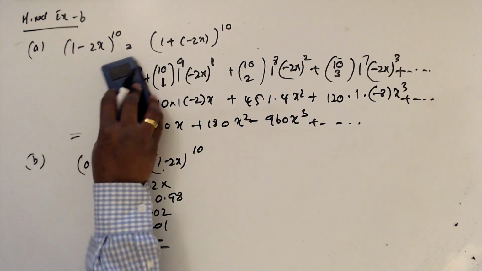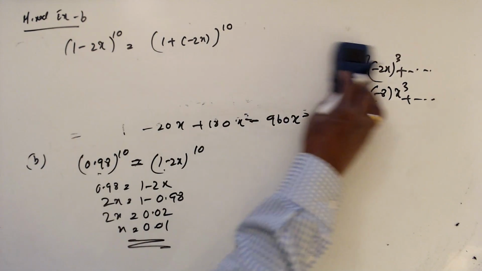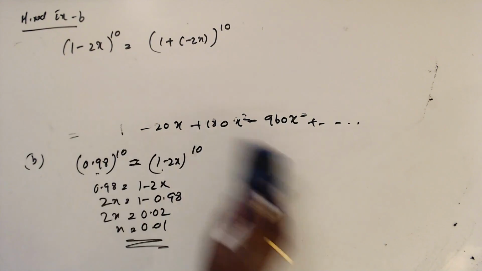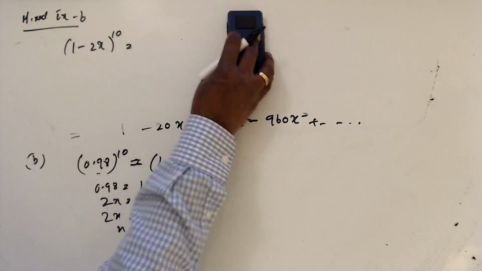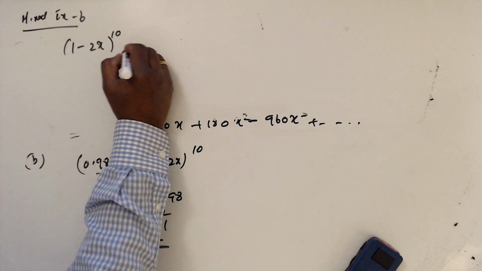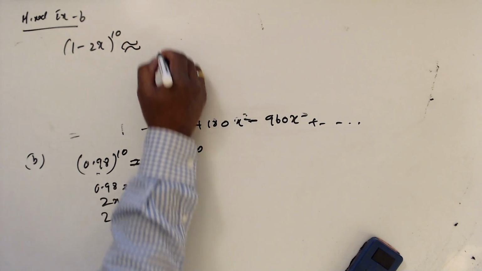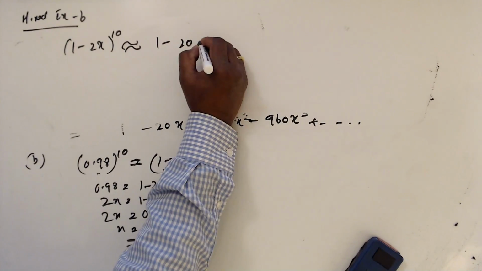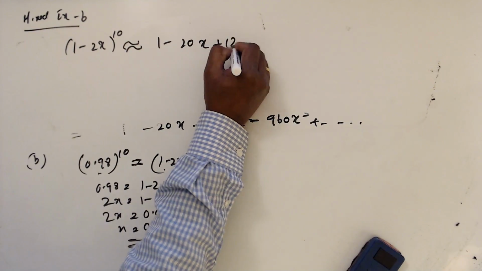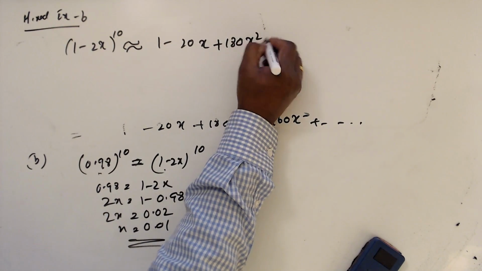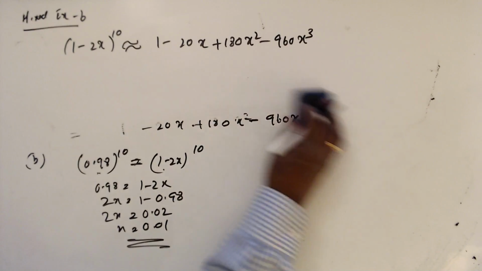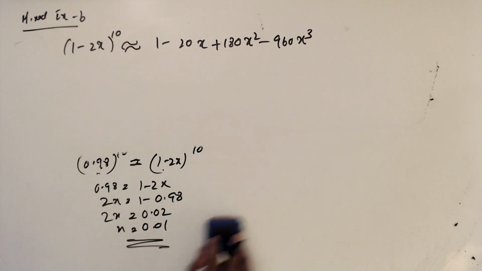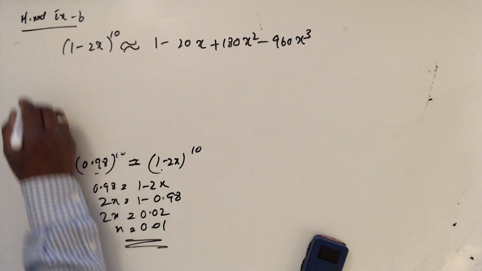Now I'll write the approximation. 1 minus 2x to the power 10 is approximated by 1 minus 20x plus 180x squared minus 960x cubed, and the x value has to be 0.01.